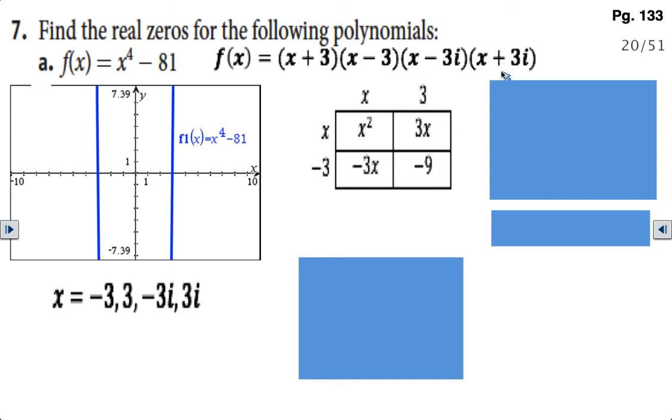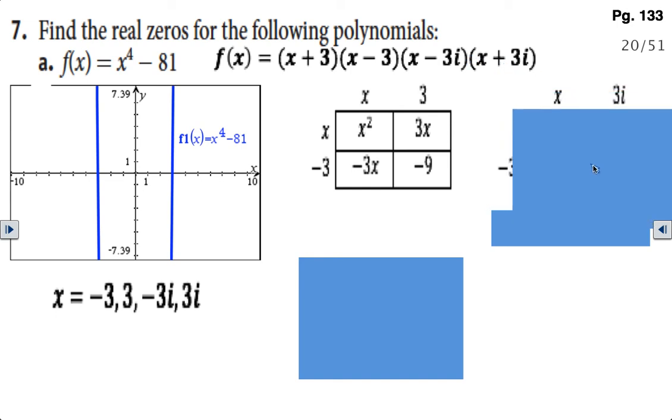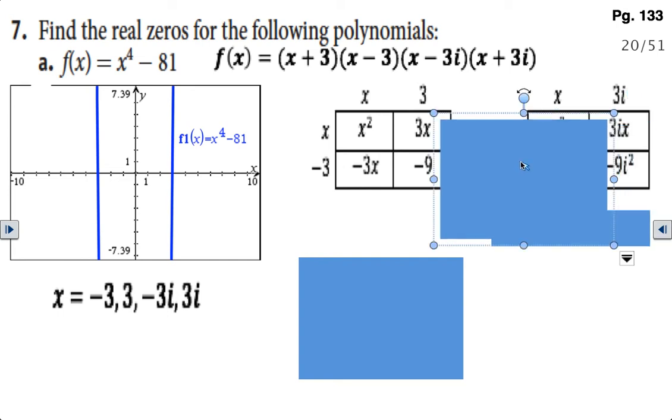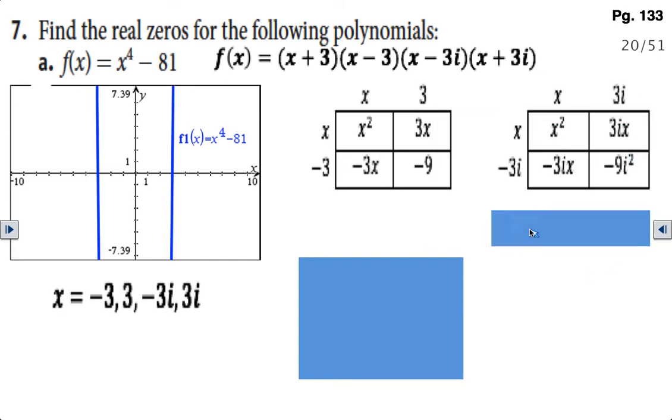Now I'm going to box these two terms together. And again, x is in the first column, 3i is in this column, x is over here, and negative 3i is over here. When I multiply all those terms together, x times x gives me x squared, x times negative 3i gives me negative 3ix, and 3i times x gives me 3ix.